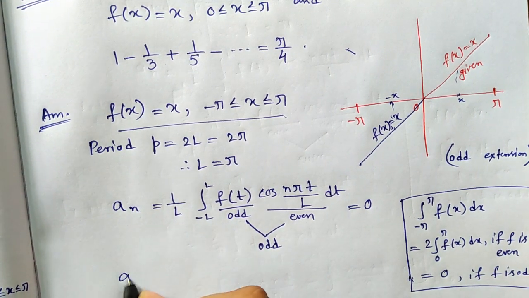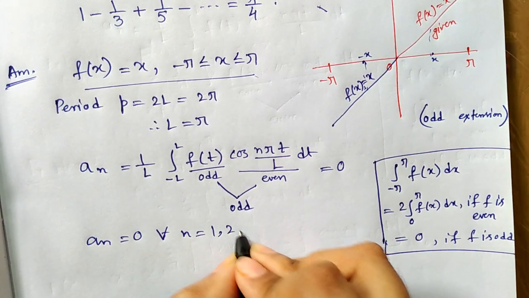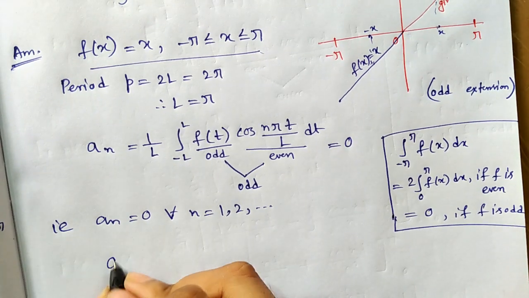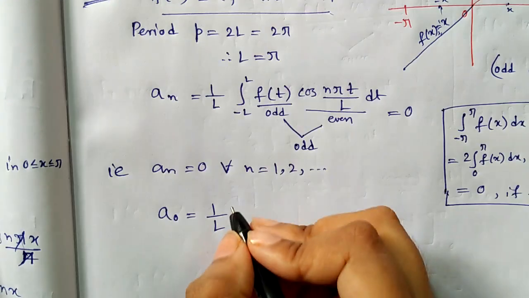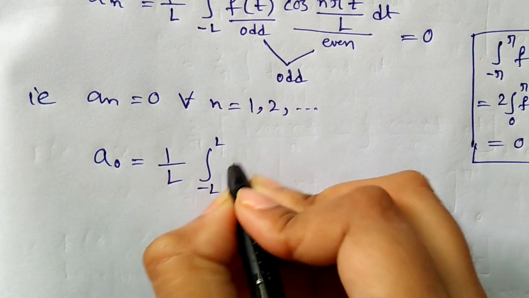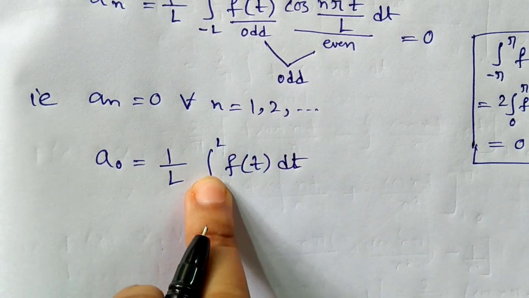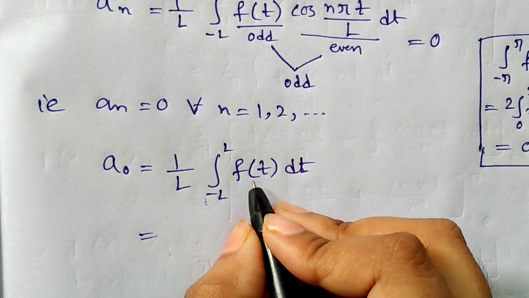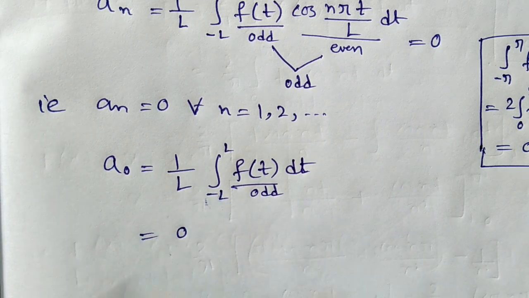So an equal to 0 for all n equal to 1, 2 and so on. Now calculate the value of a0. a0 equal to 1 by l integration minus l to l f(t) dt, and here our extended function f(t) is odd. Therefore the value of a0 is 0.